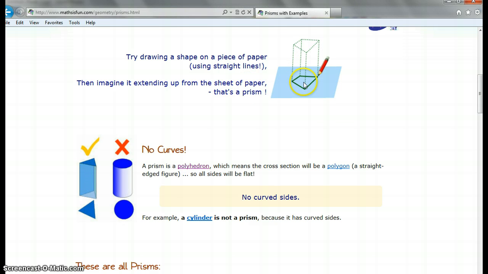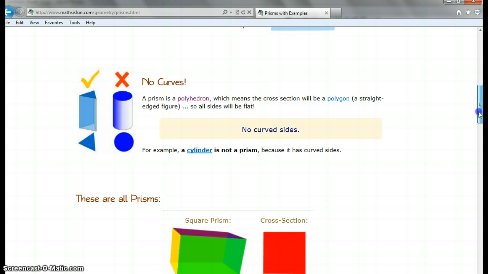This one here, that area there, what shape is that? Trapezium. And so you would find the area of the trapezium and times by the height. Now it does actually work. This cylinder is not a prism, but the rule still applies that you take the area of the circle and you times it by the height to get the volume of that cylinder.